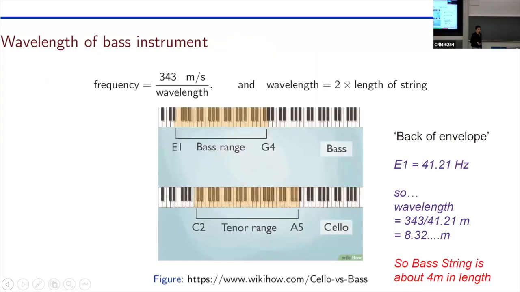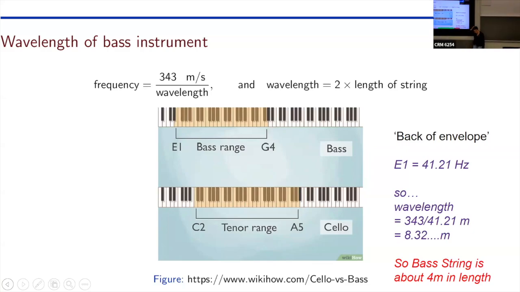So I can look up what the typical bass is tuned to, and the typical bass ranges from E1 to G4. The lowest tone is E1, which is about 41.2 hertz. So that's the frequency of the bass string.